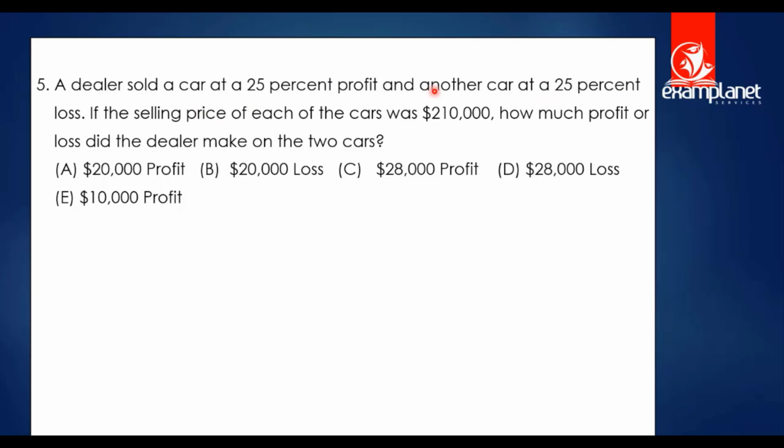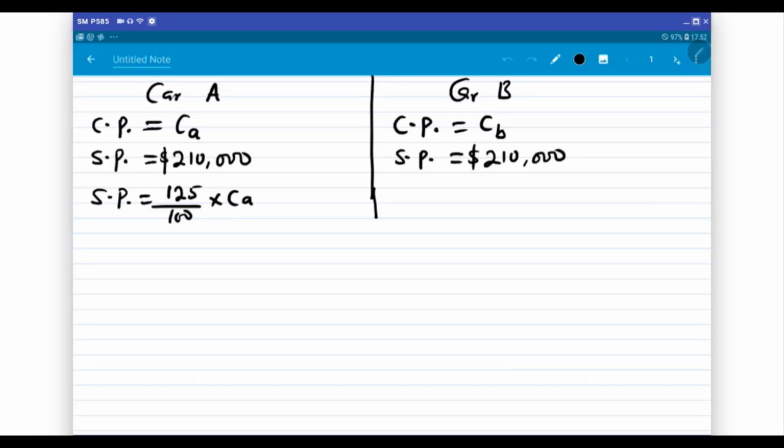It means the second car was sold at 75% of the cost price. A loss of 25%, that's to remove 25% from 100%, so 75% of the cost price. Okay, so our selling price for the second car will be 75% of the cost price.